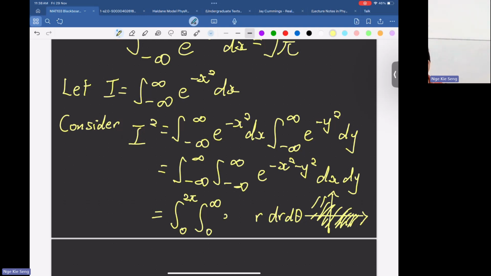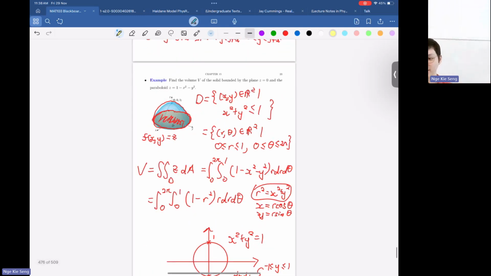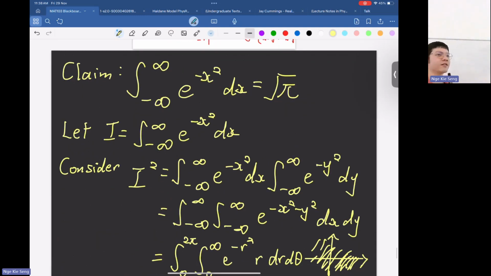Similarly, you need to change the variable in your function. It will become e to the minus r squared. Hey, what is this? Integrate e to the minus r squared times r. You go from the sad face to the laughing face again. Hey, I know how to compute this, correct?